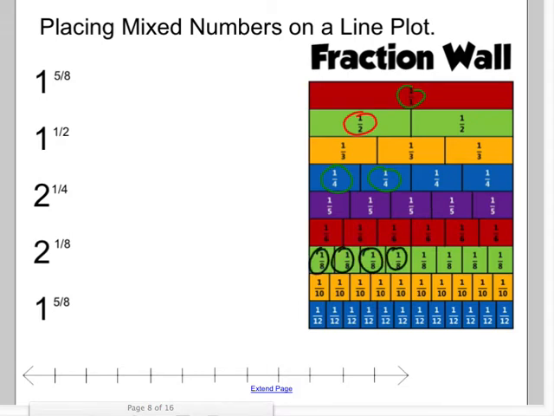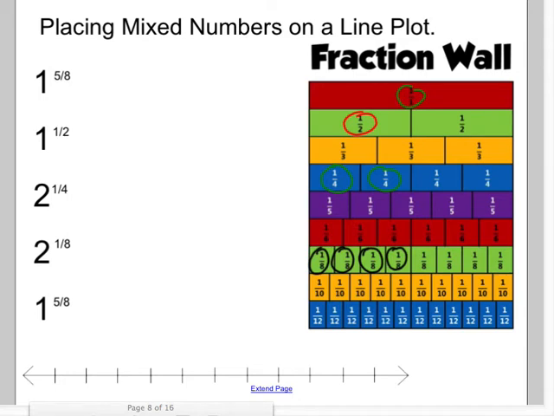Does anyone notice something, like a connection perhaps, between the halves, the fourths, and the eighths? Rodrigo's about to burst. Rodrigo? They're equivalent. They are equivalent if you have enough of them.